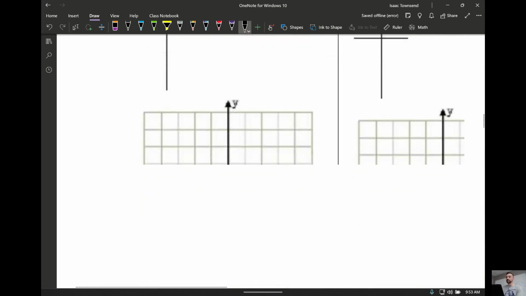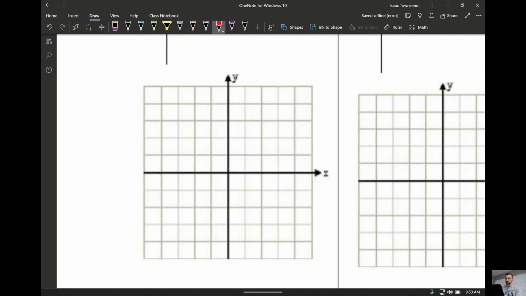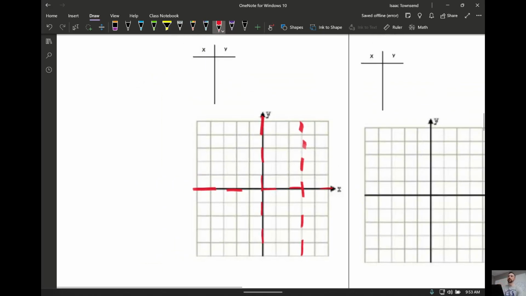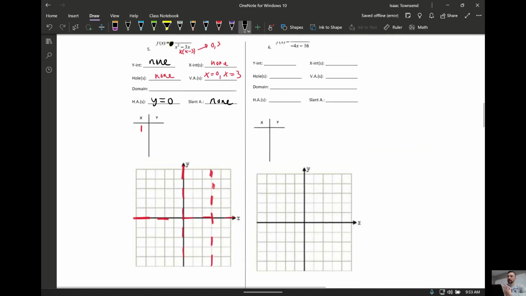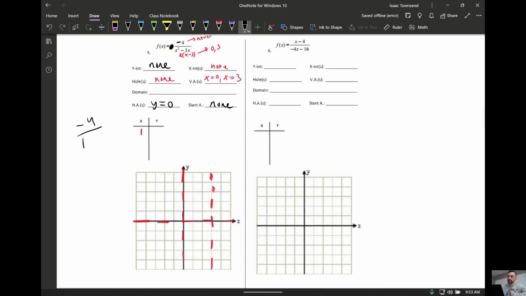x equals 0, x equals 3, and y equals 0. Now that's not enough to graph your equation, so we need some more points. Sometimes you don't need them, sometimes you do. But I would try maybe plugging in 1 into the function, and you end up with -4 over -2, or 2.